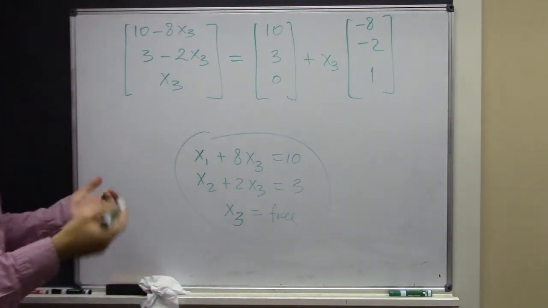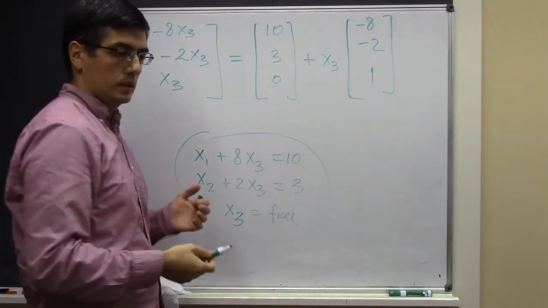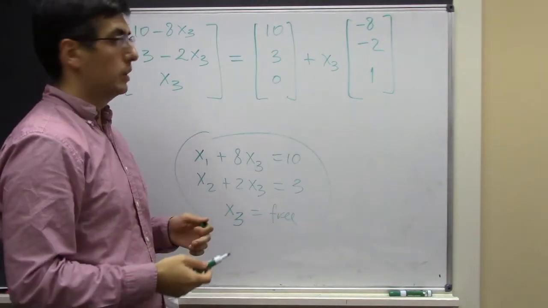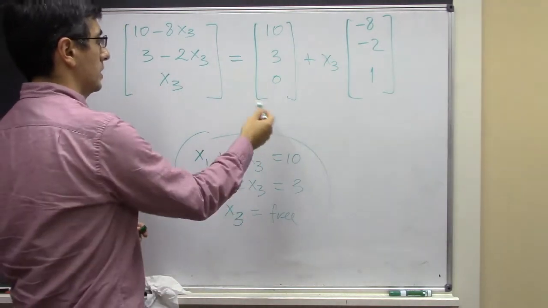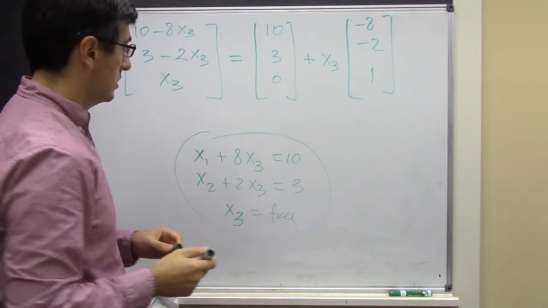So there are infinitely many vectors that give you the desired b when you multiply by A. You can choose, say, (10, 3, 0) as one of these vectors.